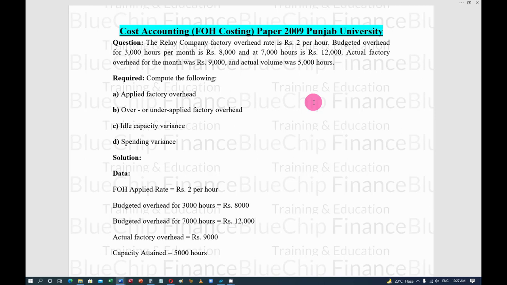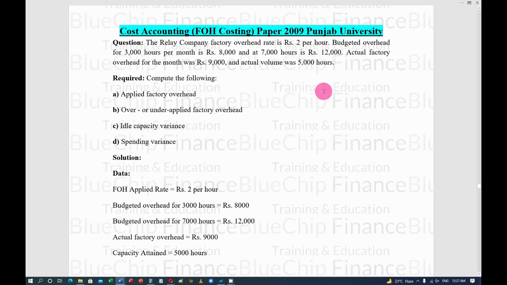But there is no need, because these two rates are enough for us: the FOH applied rate, given in the question, and the variable rate, which we are going to calculate through the high-low method. The variable rate is used in the calculation of budgeted FOH at capacity attained.